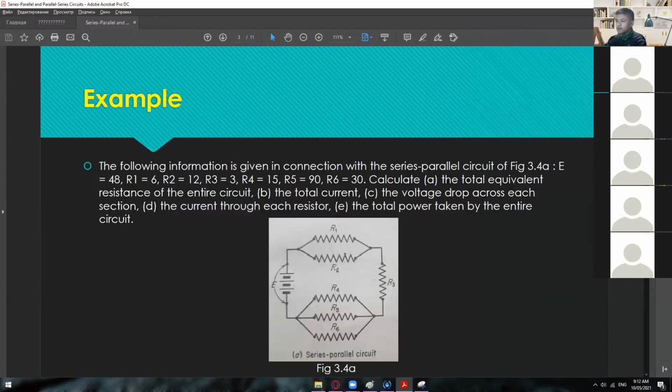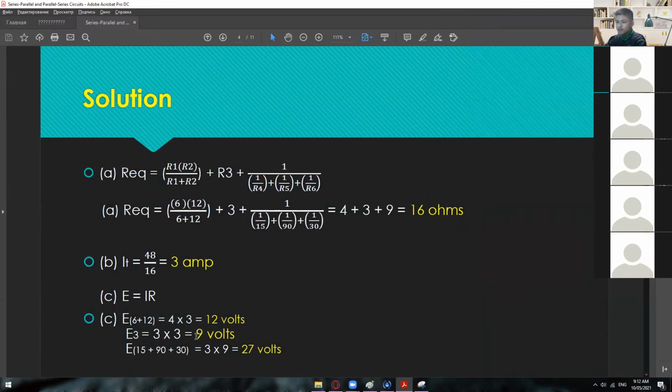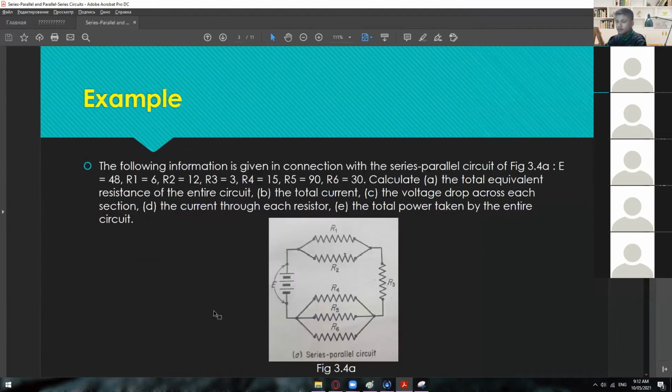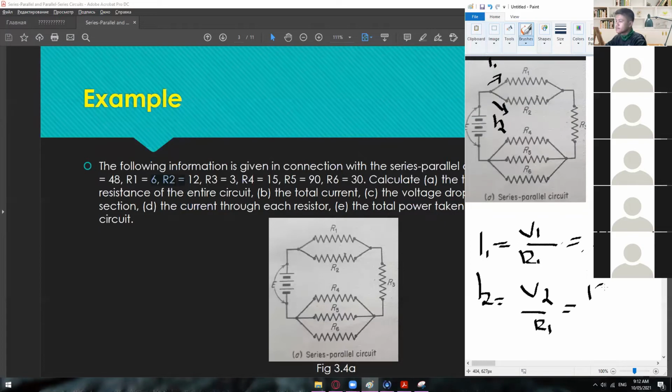So the value of V2 is 12 volts, and R2 is 12 ohms. So 12 divided by 12 is equal to 1 ampere.